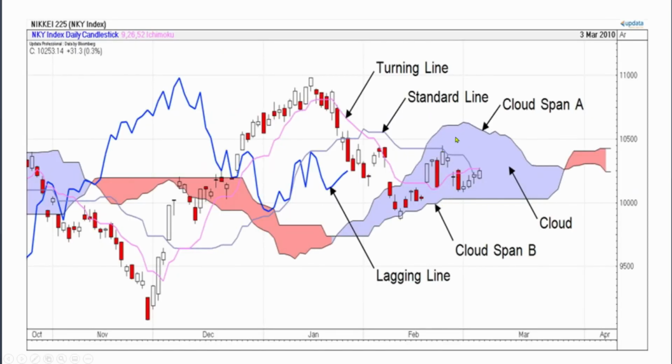And then the slower line is the 52 bar moving average. So we're looking at the midpoint of the last 52 bars and plotting that.